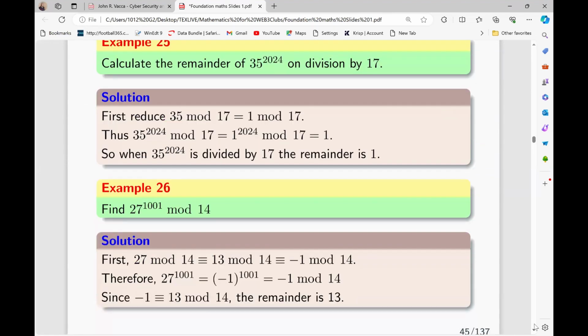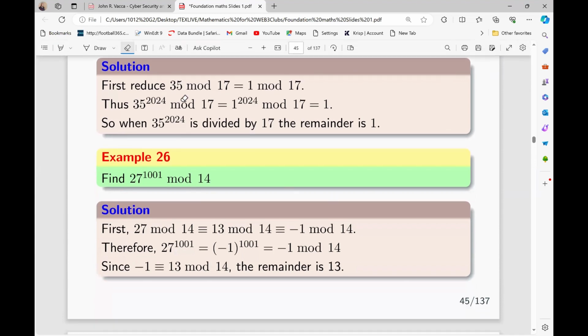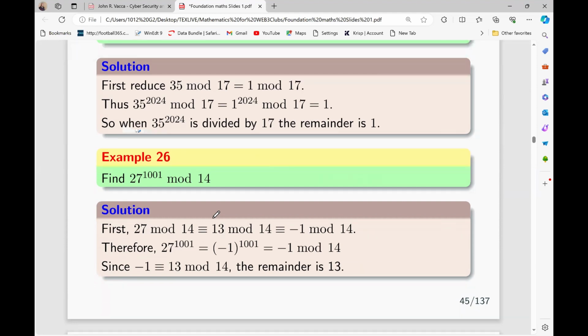Okay, let's look at this other example. I was thinking of that, you see, like this 27, these are easier numbers to deal with. But we have numbers that we cannot reduce to 1 or -1.